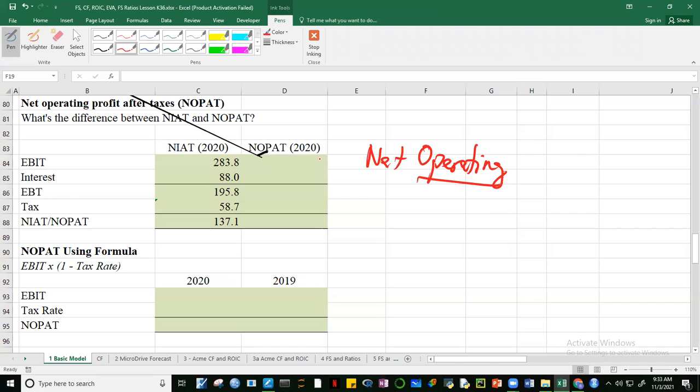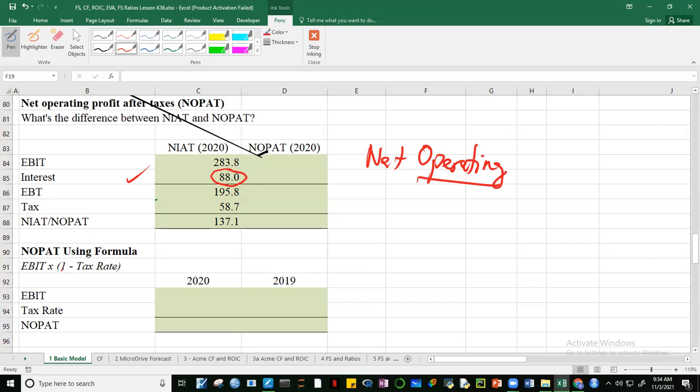Now, if you take note, guys, which item here in the net income after tax is not really operating? The answer, guys, is interest. Okay, it's interest. This one, guys, is born out of financial activities. So it's not within the control of operations.